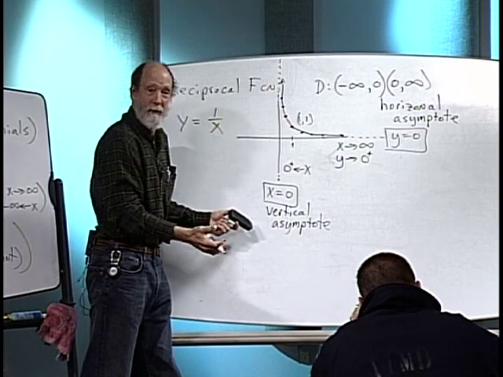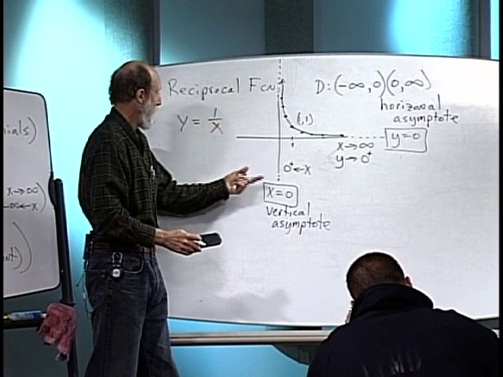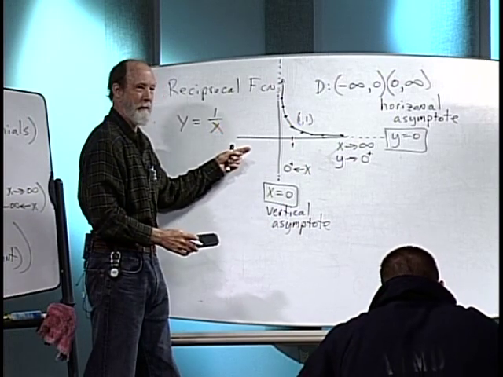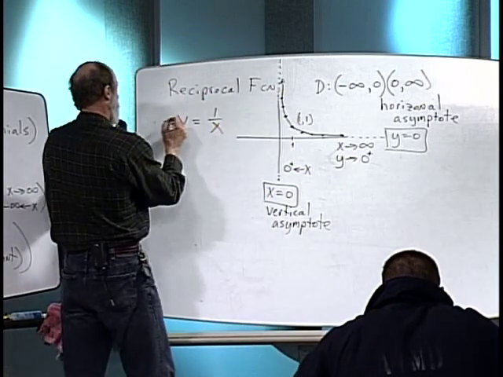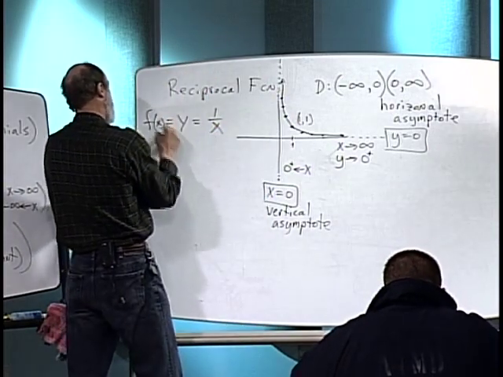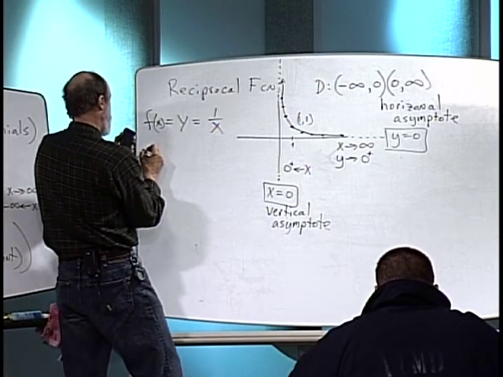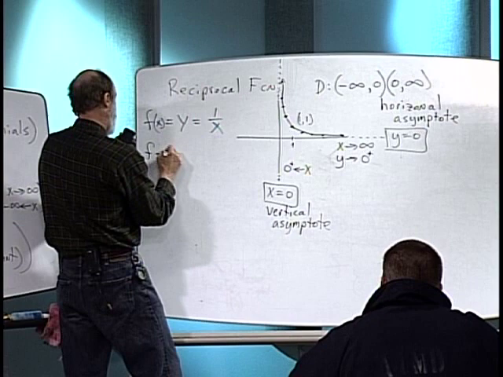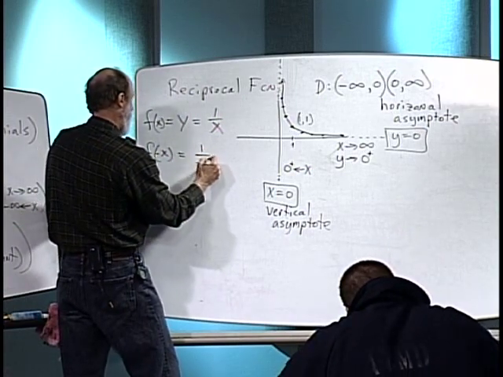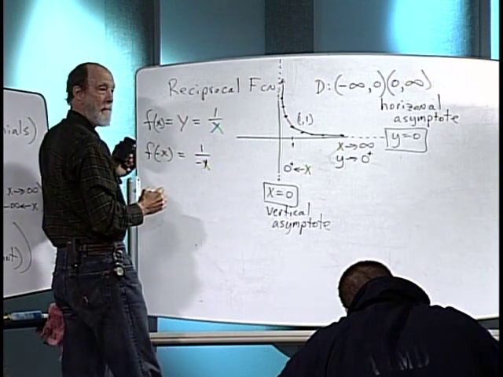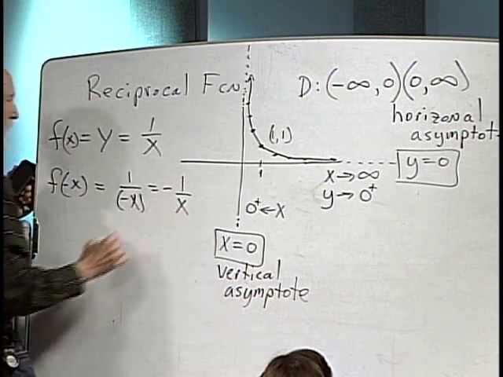How about the range? How low can these numbers go? Well, notice I have not plotted anything on the left yet. Let's call this thing f of x. Let's do a little quick review. If I formed f of minus x, that would be 1 over negative x, which is the same as negative 1 over x.